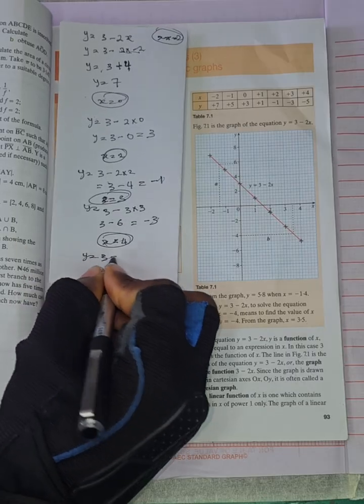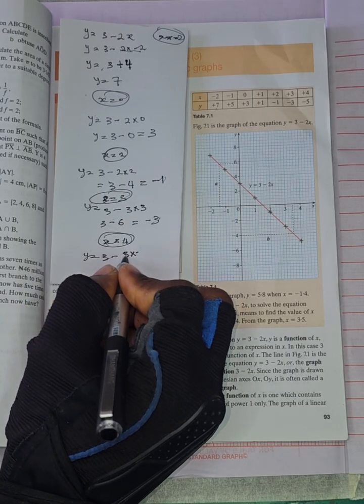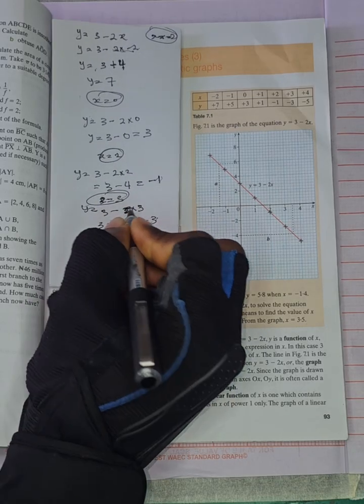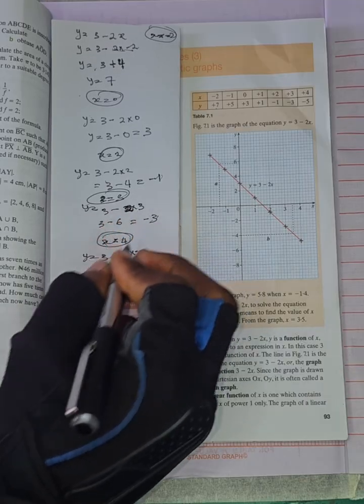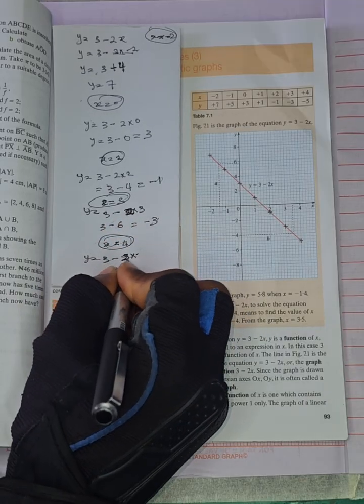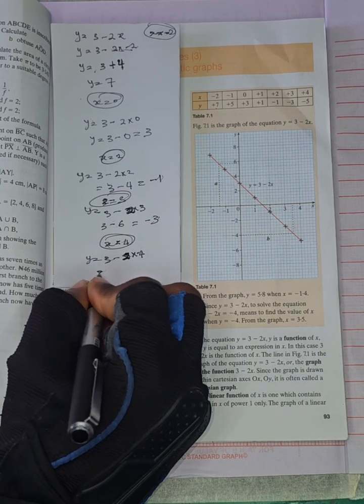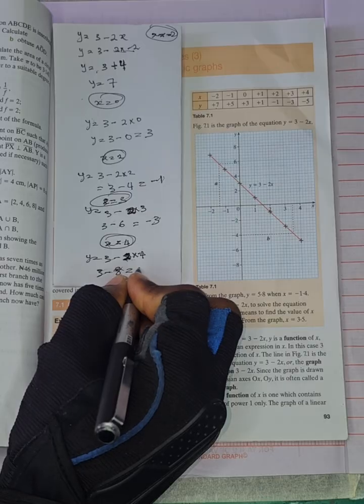So y is equal to 3 minus 3 times, what am I doing? This is 2, I'm sorry. This is 2 times 3, which is 6, not 3 times 3. So let's go back. So this is also 2 times 4. So 3 minus 2 times 4 is 8, which is what? Minus 5. And that's what you have.